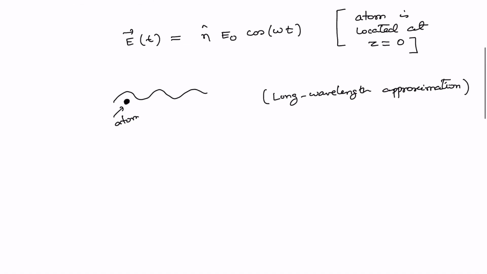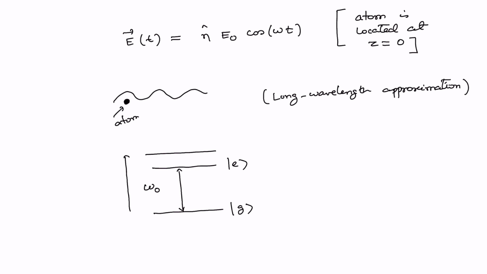Now say the resonant frequency of the atom is ω0. That means the energy difference between the ground state and the excited state in terms of frequency is, say, ω0. So ω0 is the resonant frequency, and the field frequency is different from the resonant frequency by an amount delta.